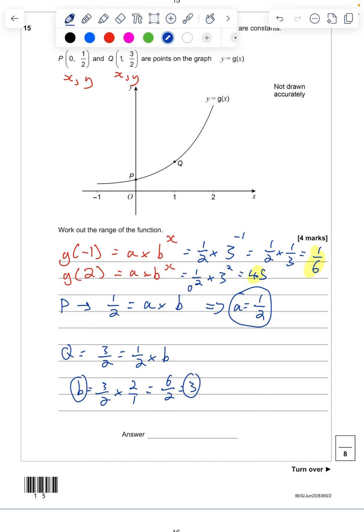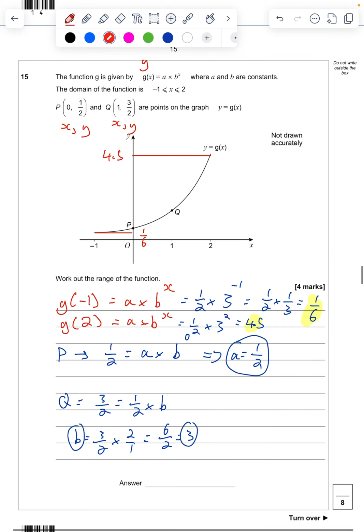So to make it a bit clearer, when x is -1, you have a y value of a sixth. That's when the graph begins for y, and similarly when x is 2, you get a y value of 4.5.